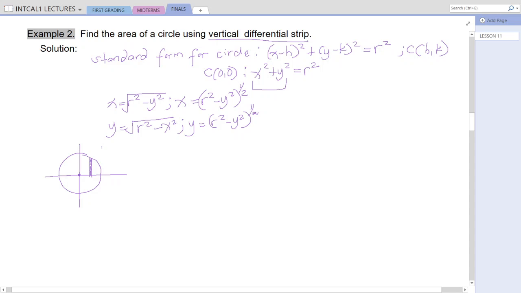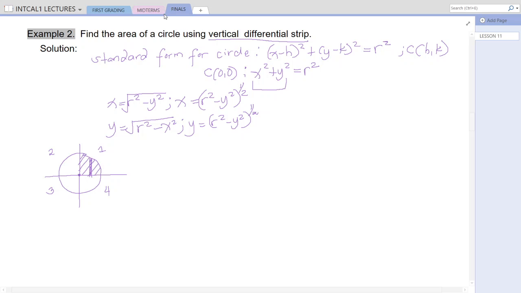Since we have four quadrants, the first, second, third, and fourth quadrant, the area should be multiplied by 4. This is the area bounded there for the first quadrant only. Since we have to get the whole circle, we have to multiply it by 4, since a rectangular coordinate system consists of four quadrants.